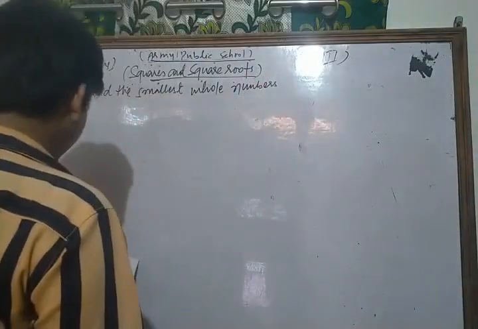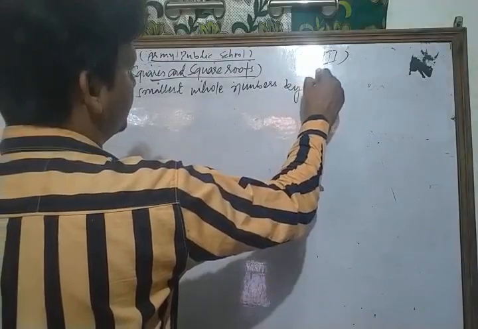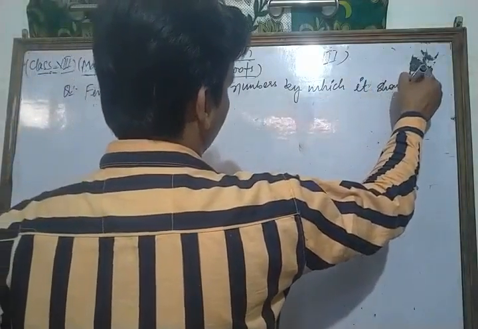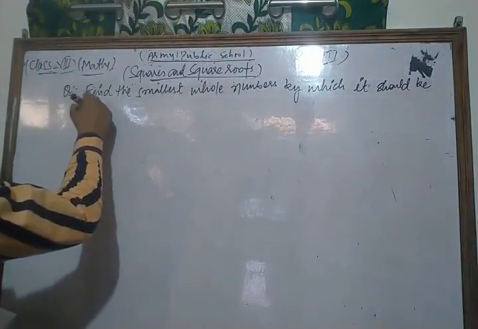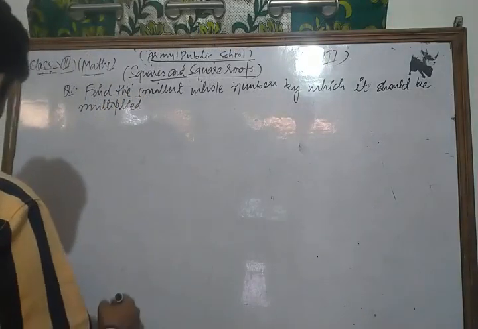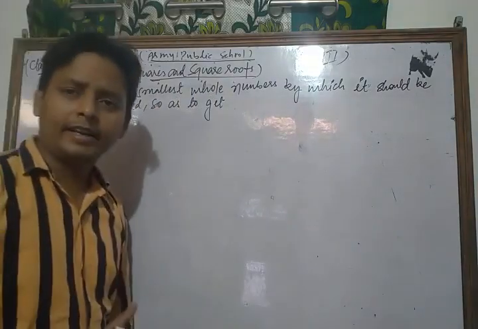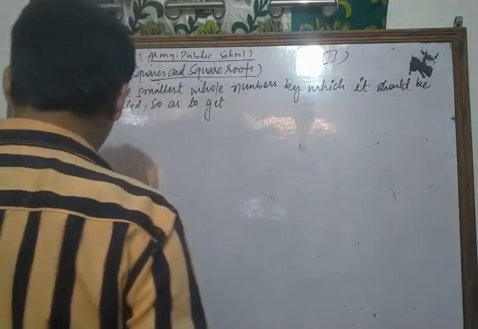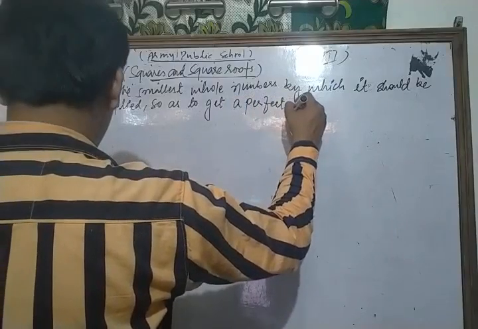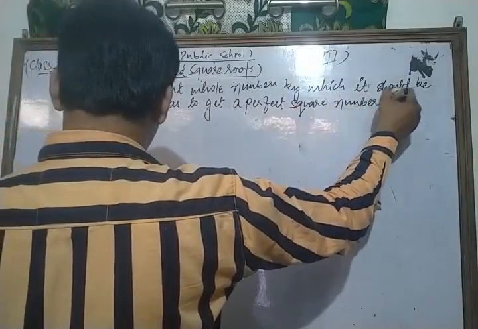by which it should be multiplied so as to get a perfect square number.